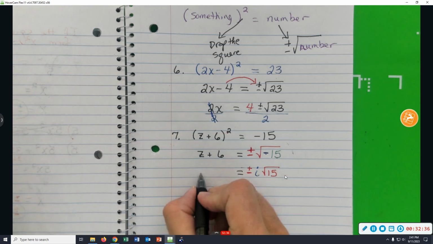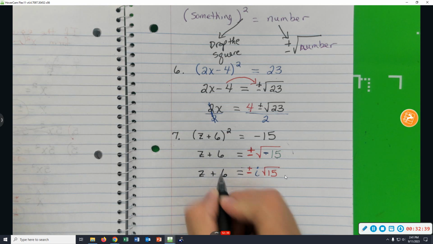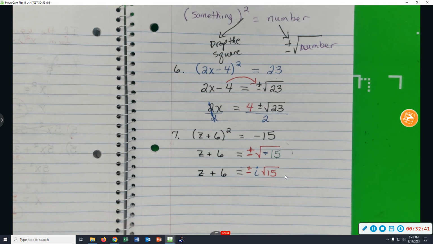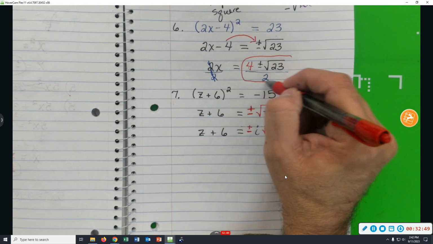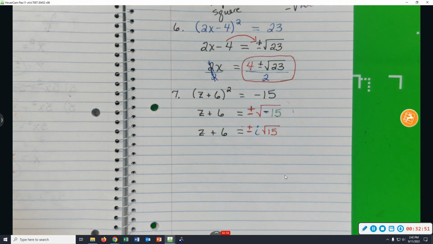But we're still not done. If you're solving an equation, your answer should be variable equals number. Speaking of such, I should have circled that. What am I going to do to get the Z by itself?